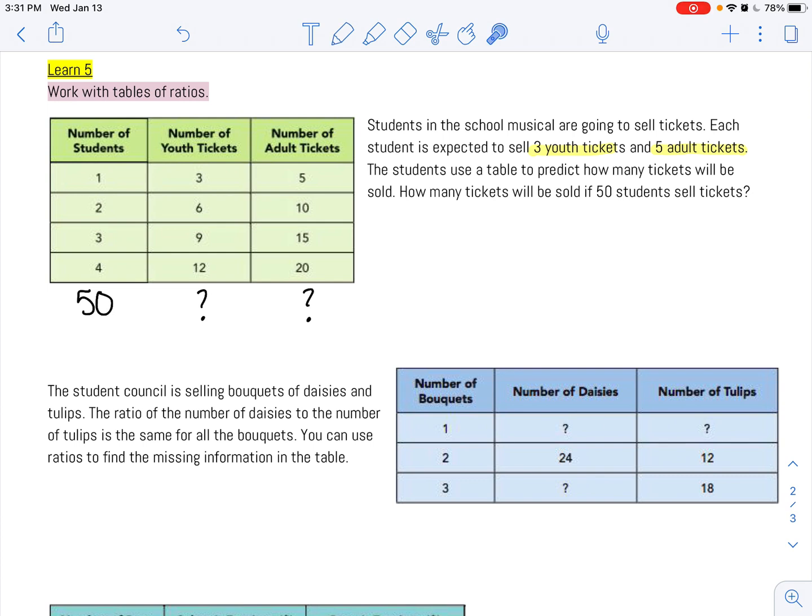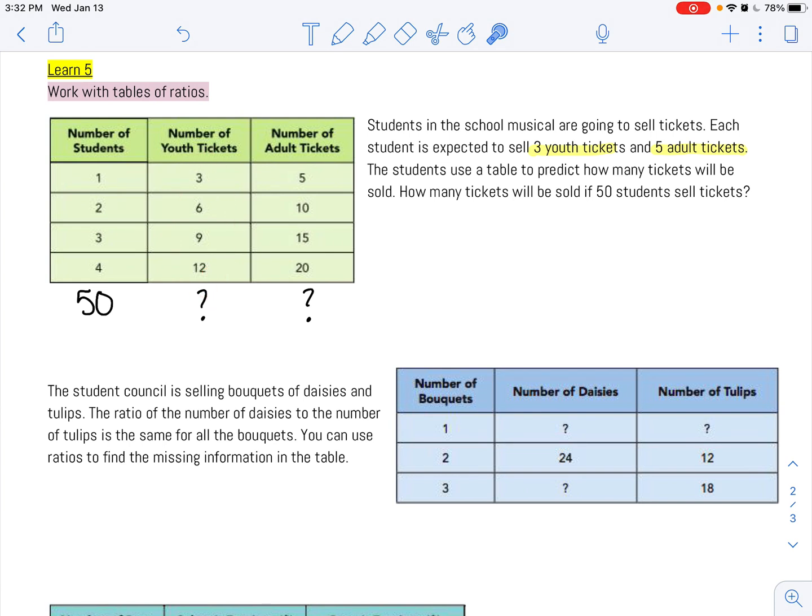So as we look at our table, the relationship that we notice between the number of students and how we come up with our youth tickets is that for one student, they sell 3. For 2 students, they sell 6. 3 students, they sell 9. 4 students, they sell 12. So there's a pattern here.